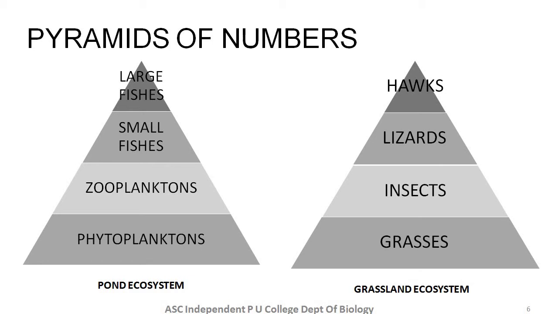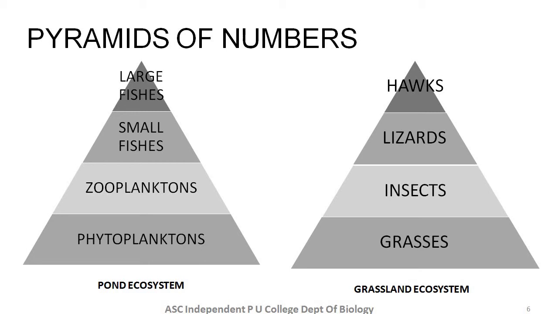Some of the examples for upright pyramids include grassland ecosystem and aquatic ecosystem. Let's take up an example and then understand. In an aquatic ecosystem, the producers are maximum. That is, the number of the producers is more when compared to the number of individuals in the higher trophic levels. If you can see in this picture, the first pyramid represents a pyramid of number seen in an aquatic ecosystem.